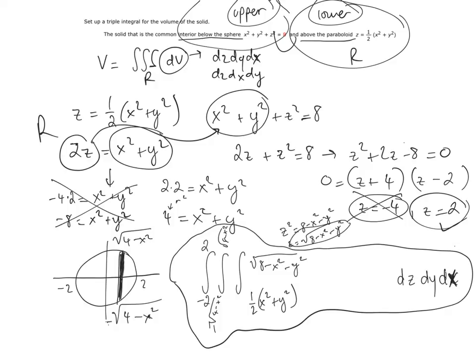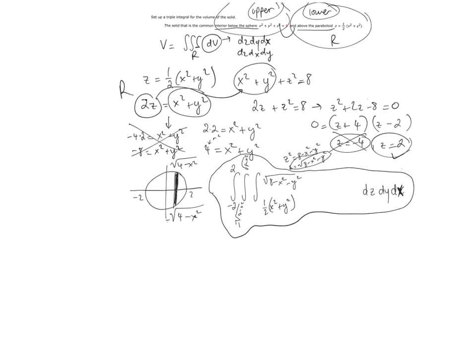You can certainly convert this into polar, which I would recommend. If you convert this into polar, your z will stay, but this will become dr d theta instead, and you have an extra r outside. Your theta is 0 to 2 pi, because it's a full circle, and your radius is from 0 to 2.